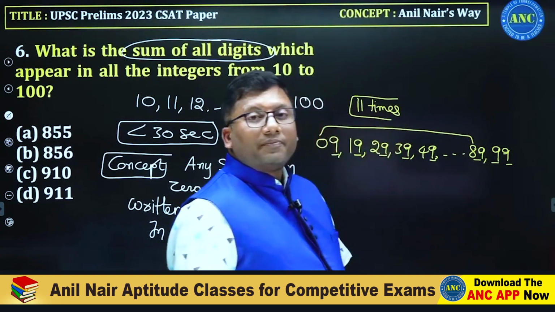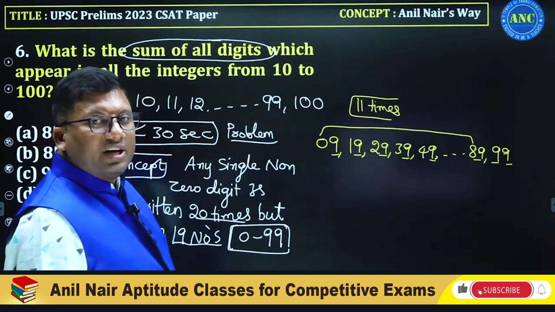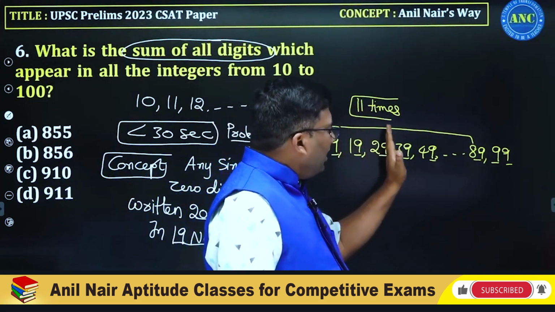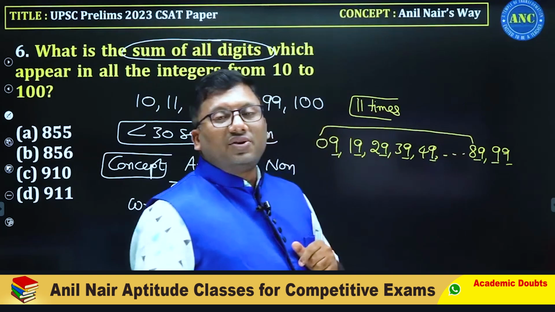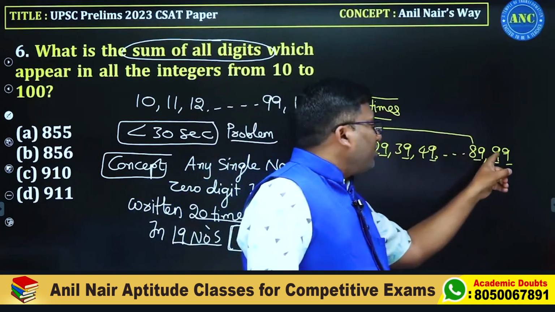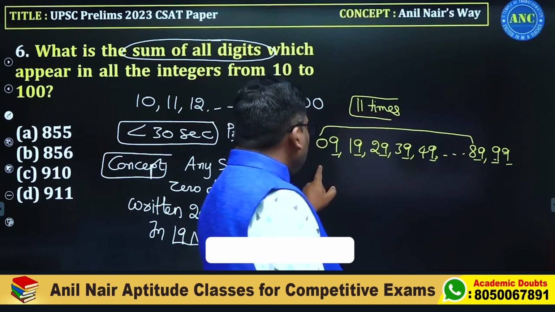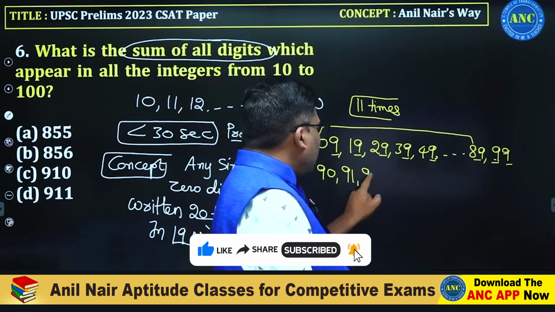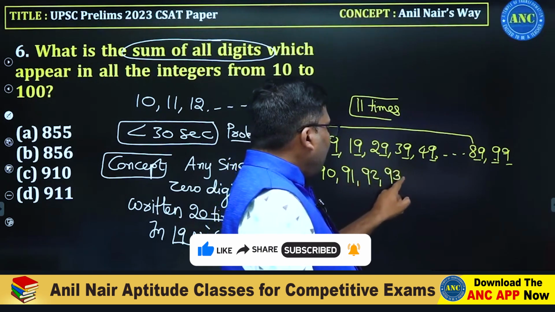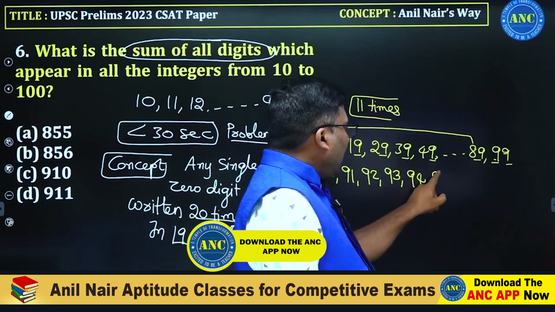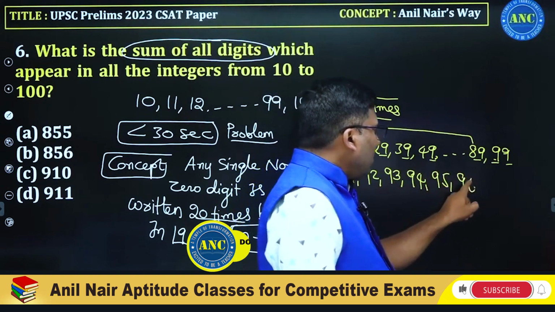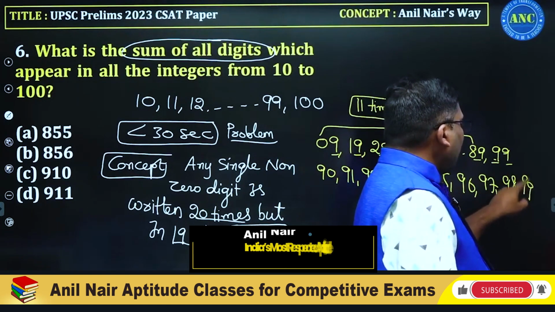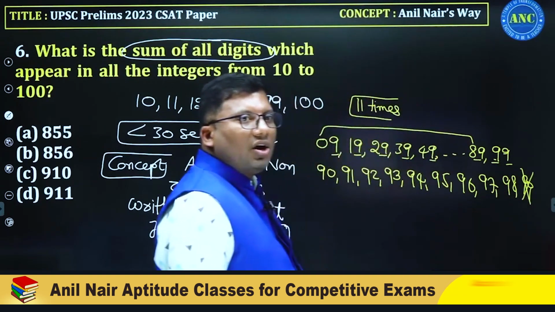Are you all with me? How 11 times? 0, 1, 2, 3, 4 till 8, that is 9 times. Here 10th time. Here 11th time. Now 9 is present in the tens place: 90, 91, 92, 93, 94, 95, 96, 97, 98, 99. 99 is already counted, so I will not do double counting.